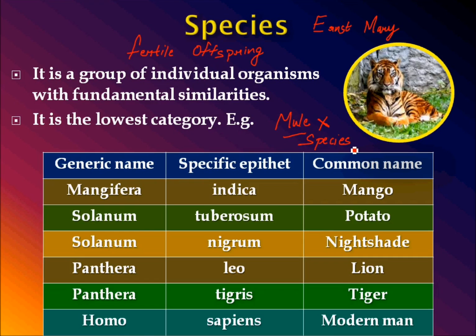A fertile hybrid can be the offspring of a male tiger and a female tiger, so that will be a fertile offspring. Linnaeus thought that the species were constant, but this concept of species needed the idea of producing fertile offspring.